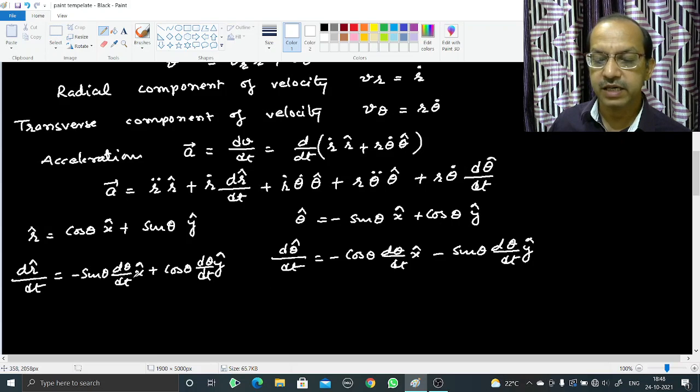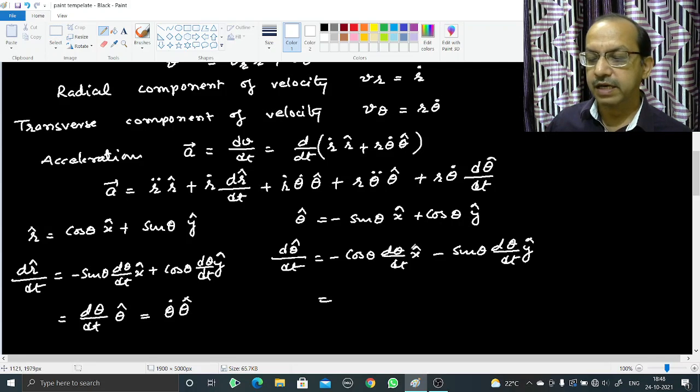If we take d theta over dt common, it becomes minus cos theta x cap minus sin theta y cap. That means I can take this minus sign outside, so it will be minus theta dot times cos theta x cap plus sin theta y cap.